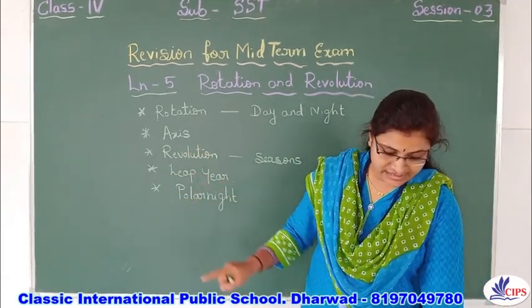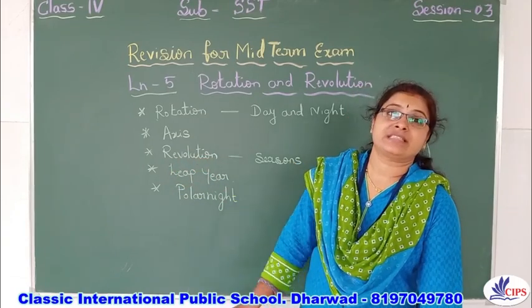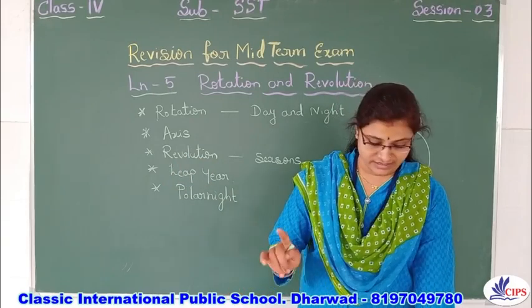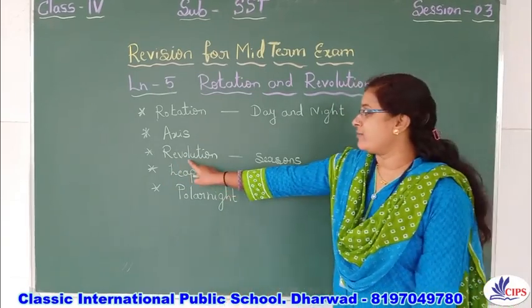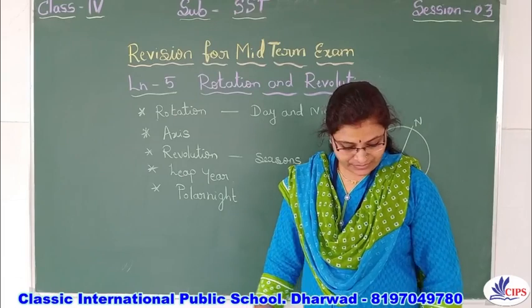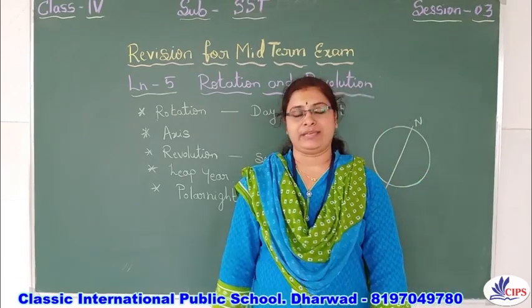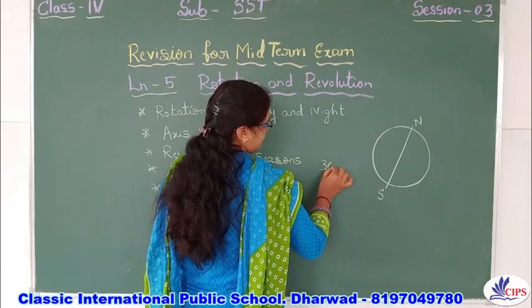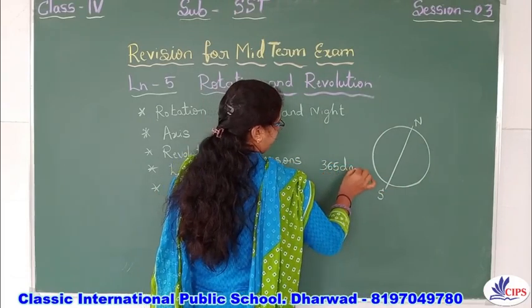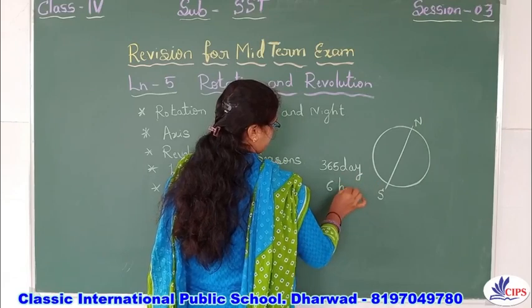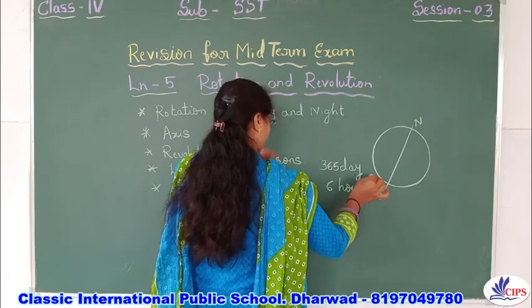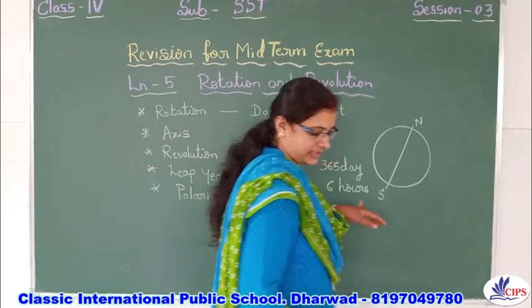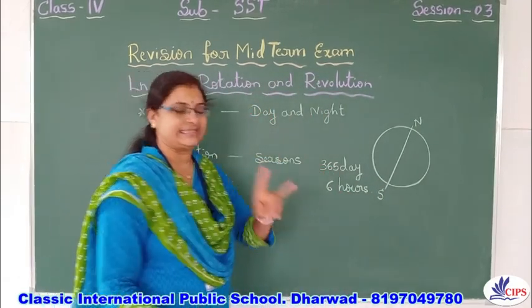The earth takes 365 days and 6 hours to complete one revolution. So this is considered as 1 year.